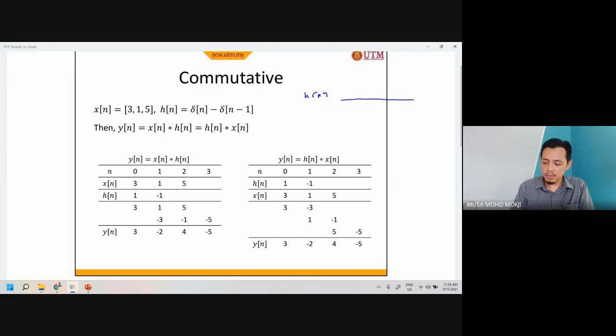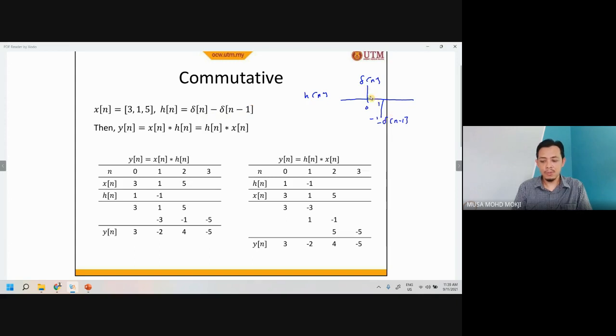If you sketch delta n, this is delta n. But what we have is delta n minus delta n minus 1. So if you have this delta n and then you delay by one sample and then multiply by minus 1, you should have another one here, which is minus delta n minus 1.